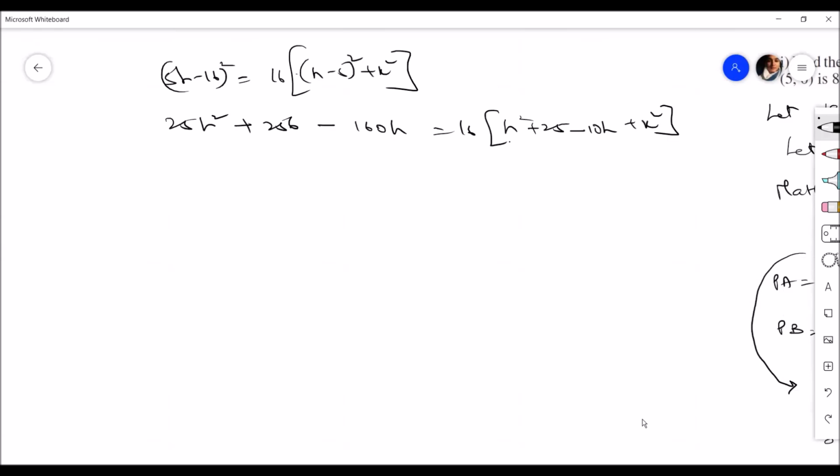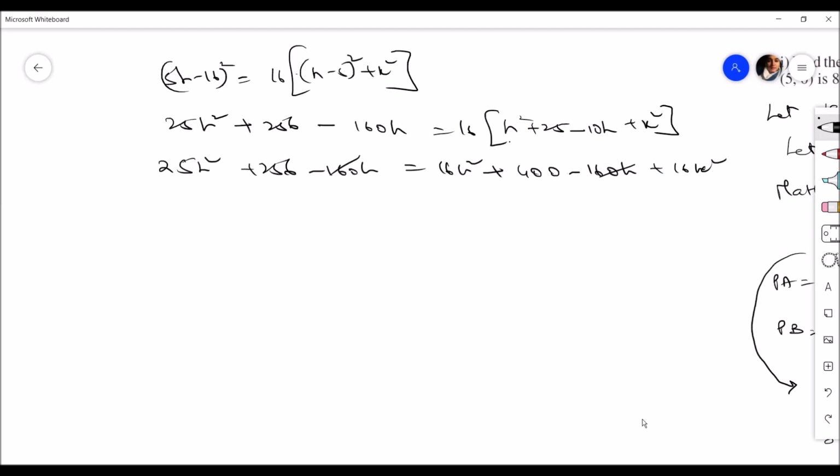Rearrange all the terms. For that, let me just expand it a little bit further. Plus 256 minus 160H is equal to 16H square plus 400 minus 160H, plus 16K square. So 160H gets cancelled, and the leftover terms are 16H square.